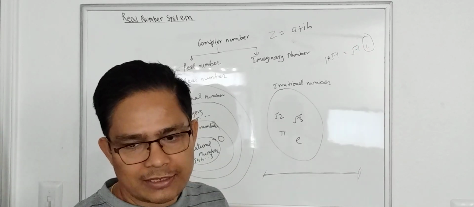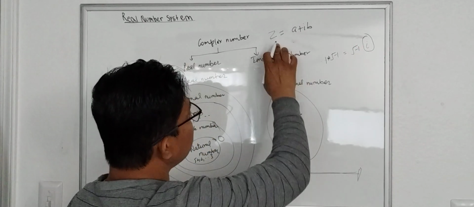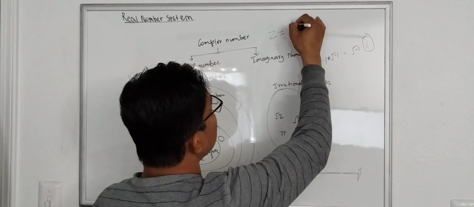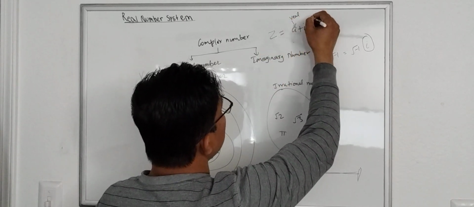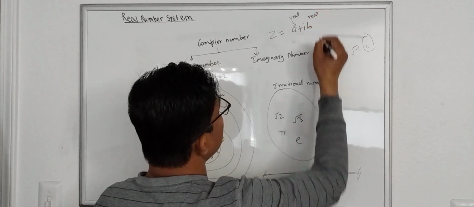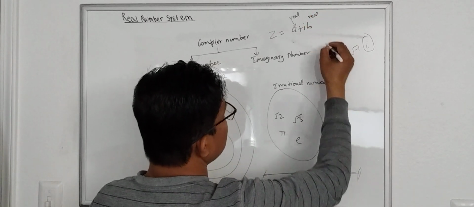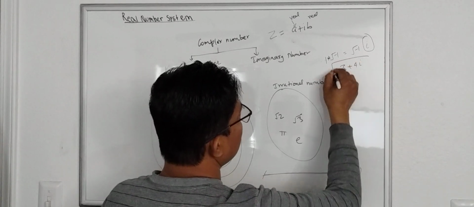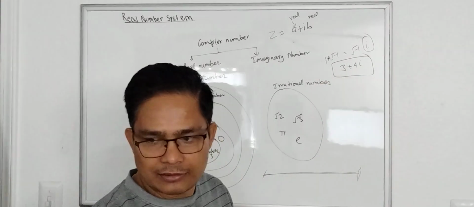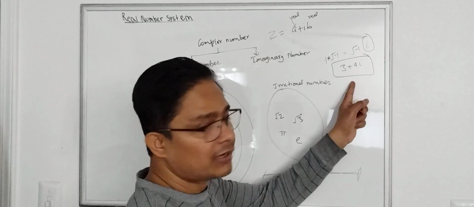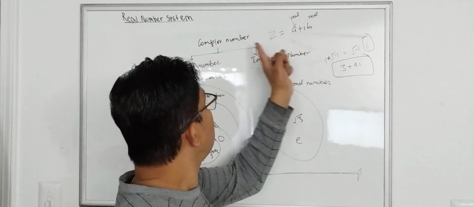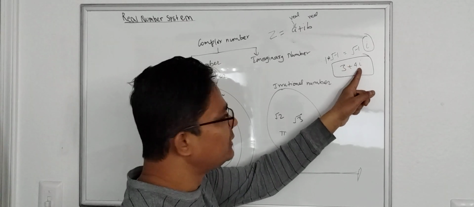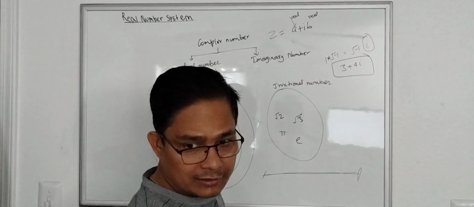Now if you want to represent any complex number, a is a real number and b is also a real number. So let's say I write 3 plus 4i. Look at the board, 3 plus 4i. This is a complex number comprising an imaginary part and a real part.